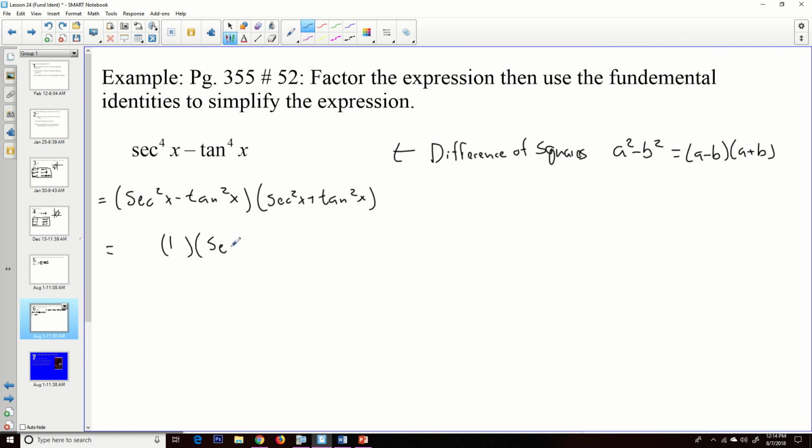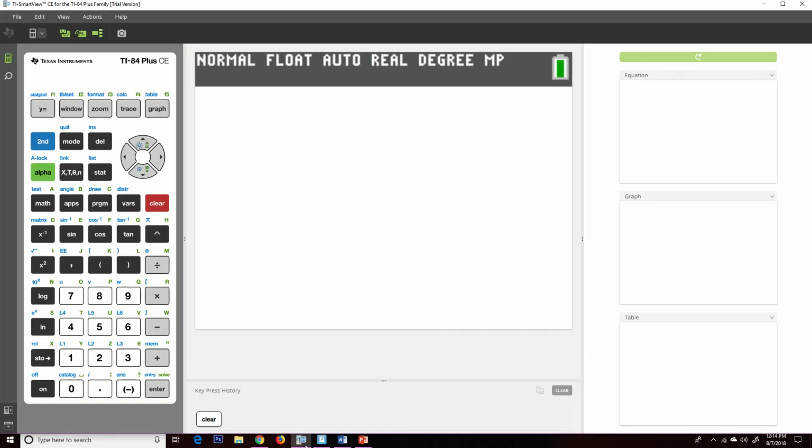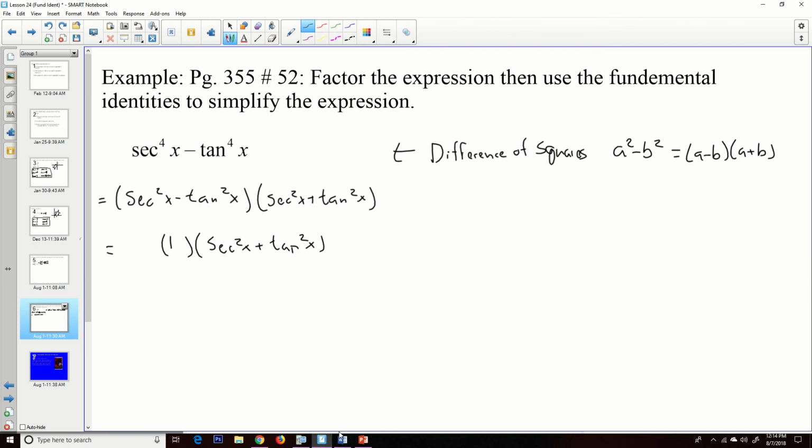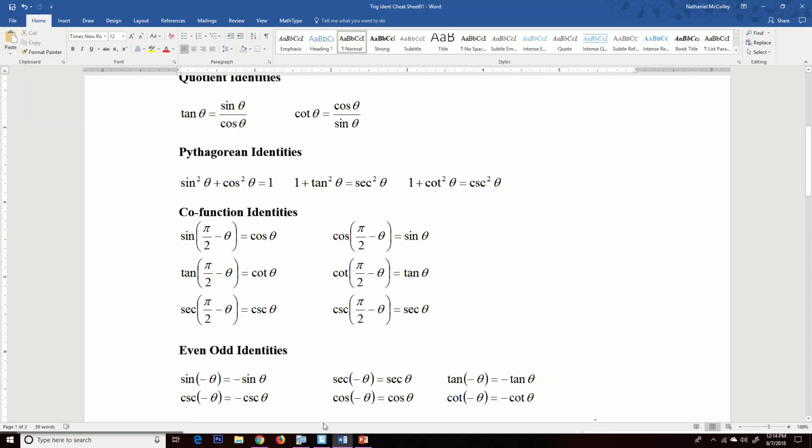And then we have secant squared x plus tangent squared x. And let's see, is there anything else I can do with that? Using a similar identity, secant squared x is equal to 1 plus tangent squared x. Let's do that.